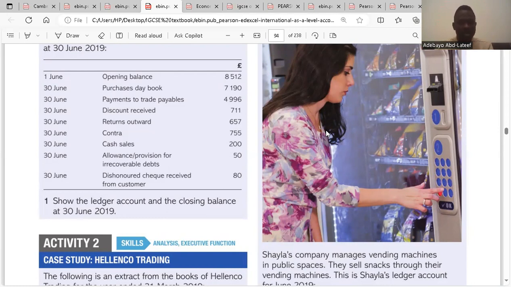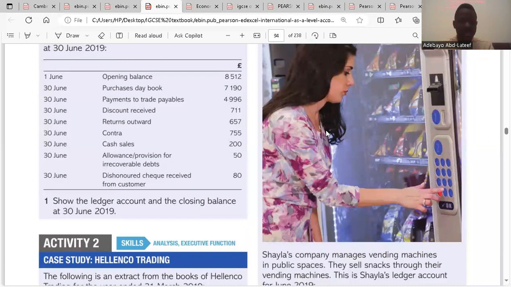We have return outward, and return outward is going to be on the debit side of our control account. We have contra of 755. So contra here is going to be on the debit side of our trade payables control account.